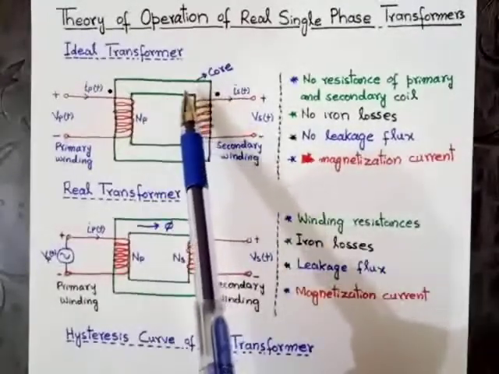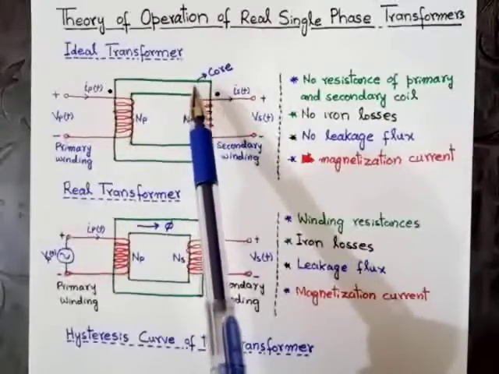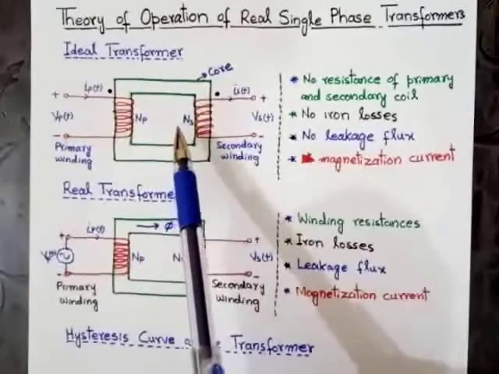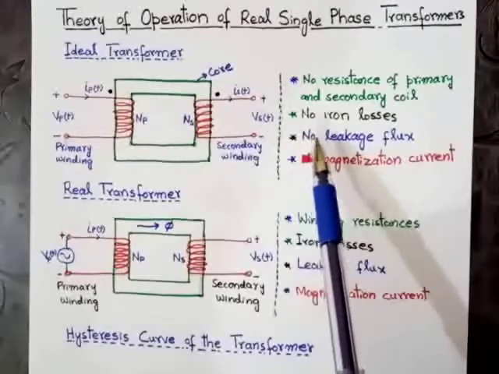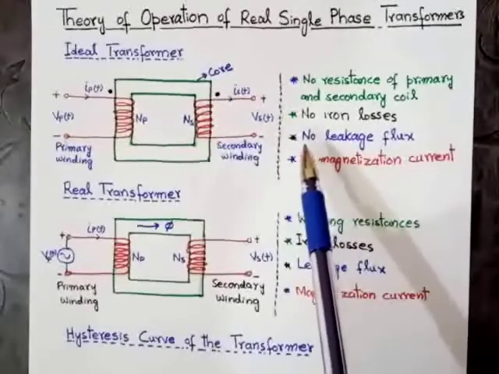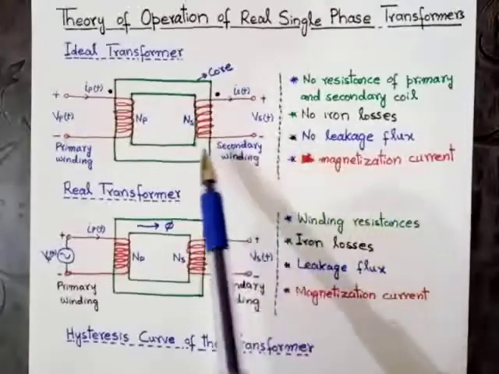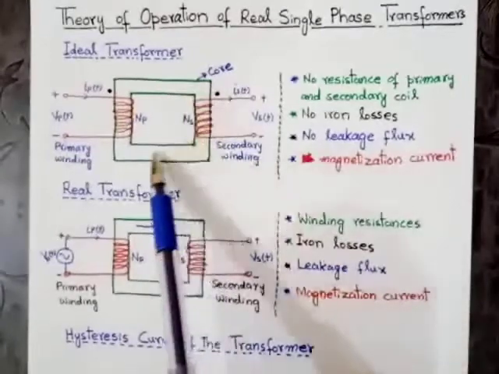This is called the ferromagnetic core. In an ideal transformer, there will be no losses in the core, and also there will be no leakage flux. It means all the flux will remain in the core.